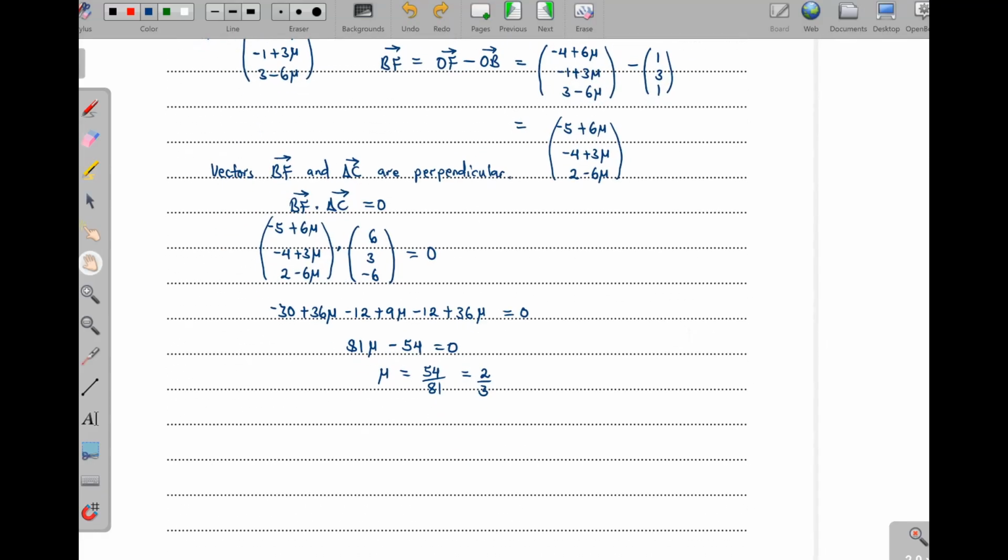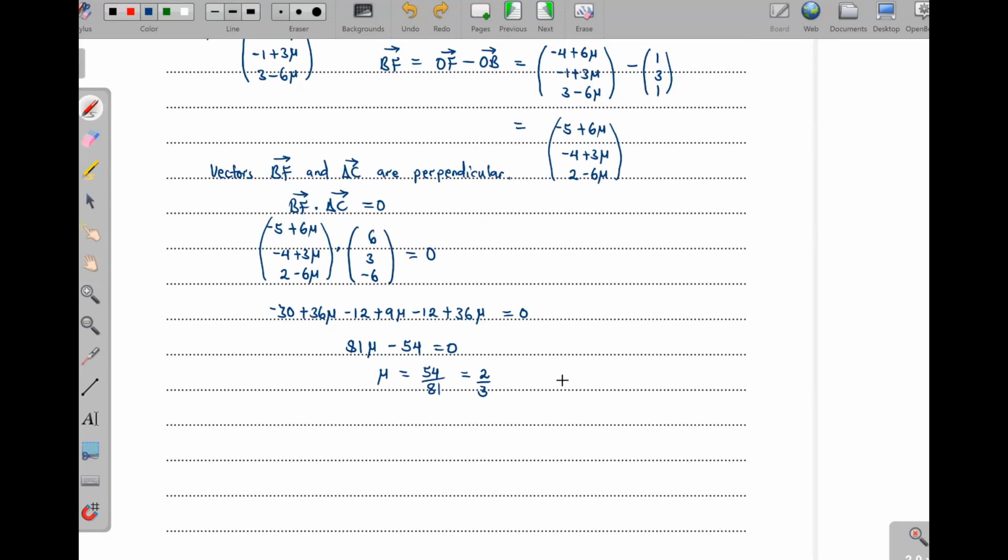So BF here is going to be -5, then plus 6 times 2/3, then -4 plus 3 times 2/3, and then 2 minus 6 times 2/3.